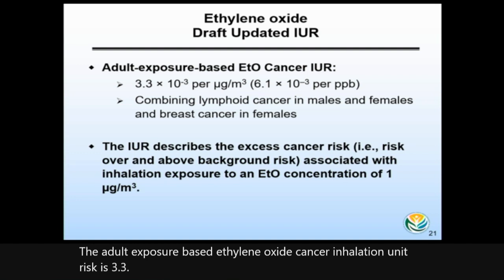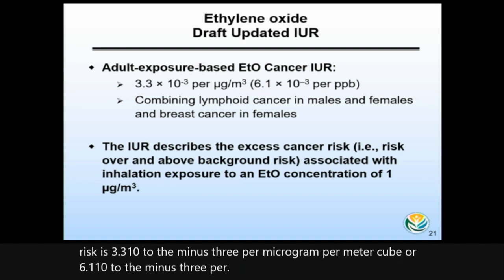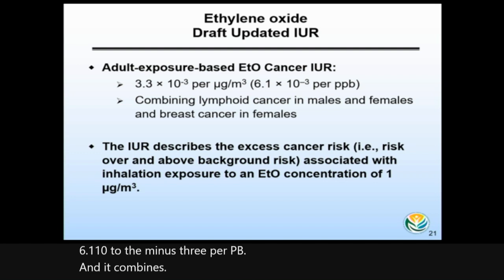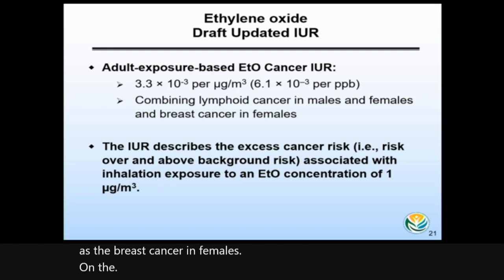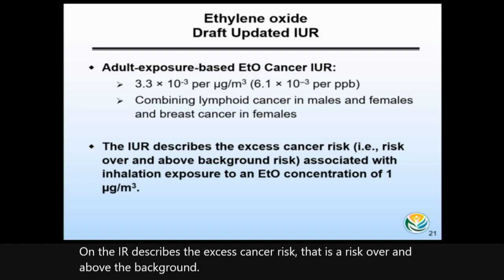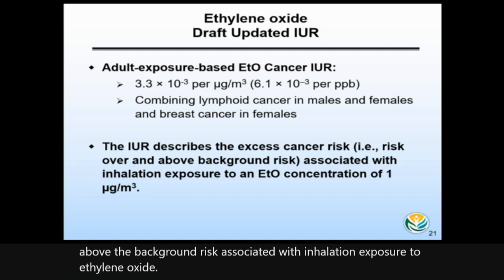per microgram per meter cubed, or 6.1 × 10^-3 per ppb. And it combines the lymphoid cancer in males and females as well as the breast cancer in females. And the IUR describes the excess cancer risk, that is a risk over and above the background risk associated with inhalation exposure to an ethylene oxide concentration of 1 microgram per meter cubed, shown in this slide.